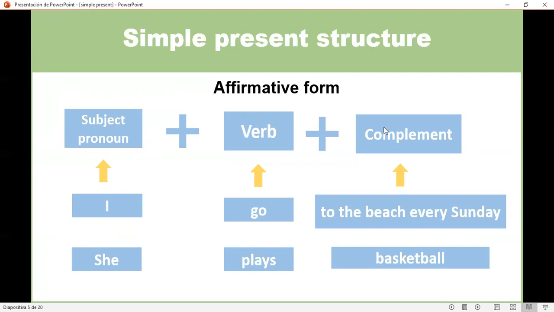We use a complement, el complemento, okay? So I'm going to repeat it one more time. Simple present structure, this one is in affirmative: we use subject pronouns, verb, and complement, okay?